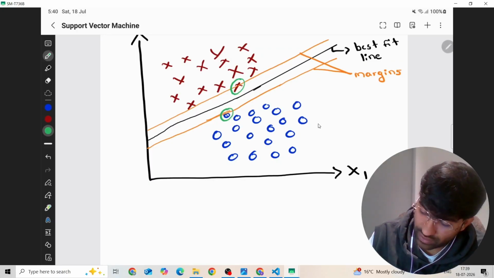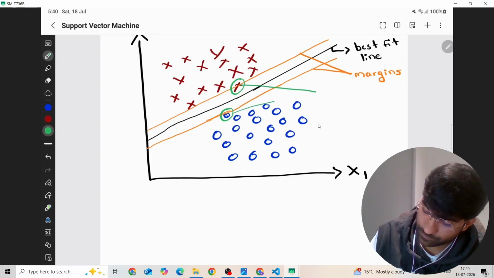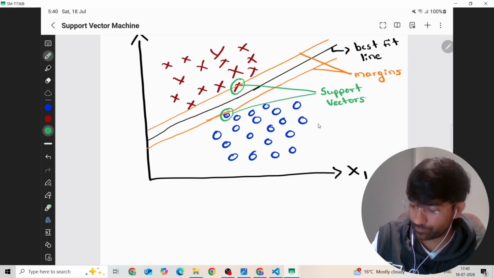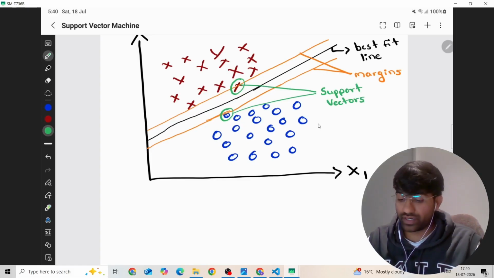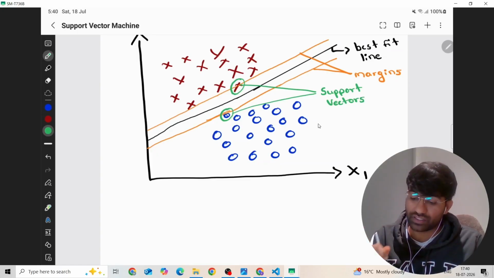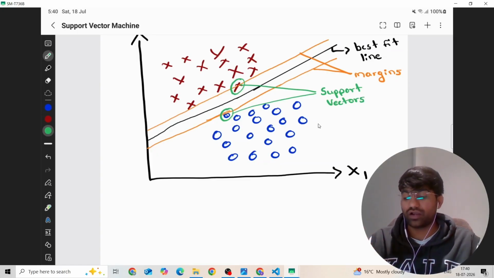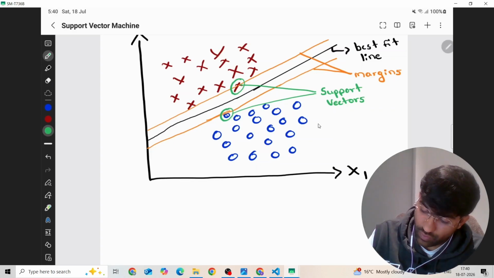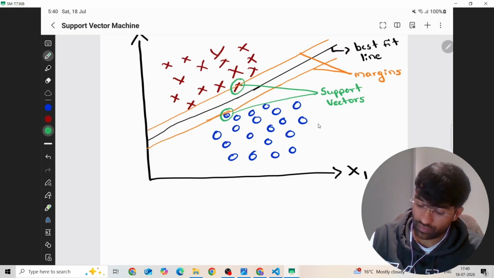These are known as support vectors. The data points on which the margins pass are known as support vectors. And what is the goal of the margin?